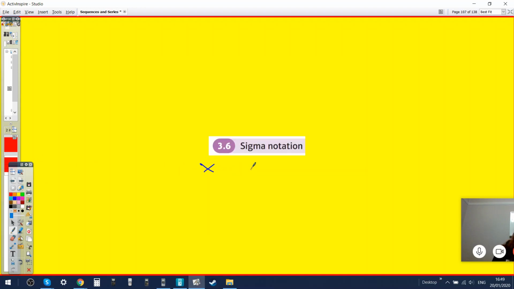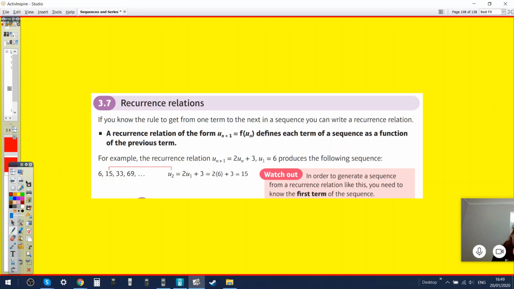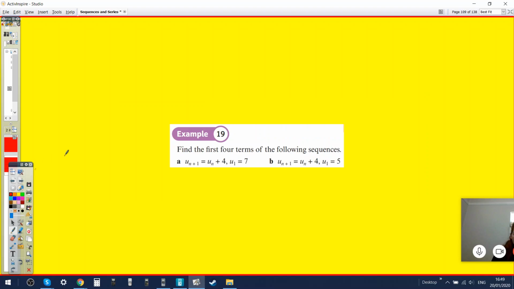So sigma notation. How do you feel about that? I think that's a bit better. Okay. So the only thing after that is recurrence relations, which is a different notation for the same idea. But I think you got the main thing.